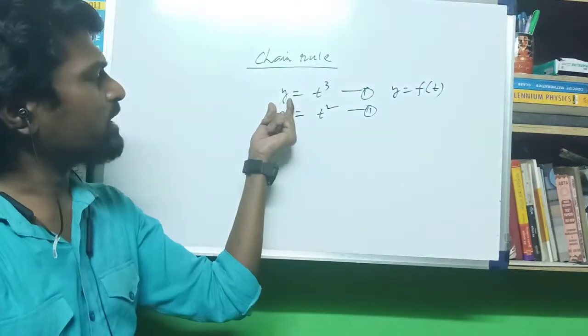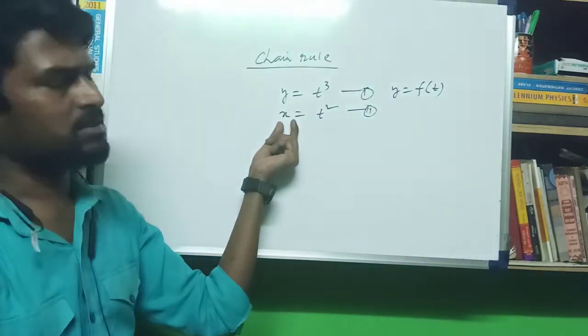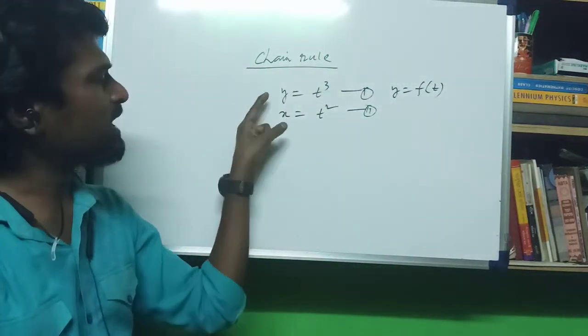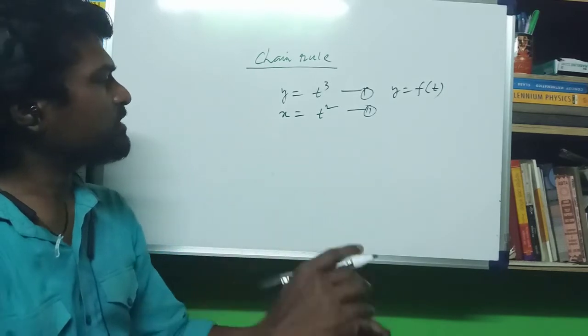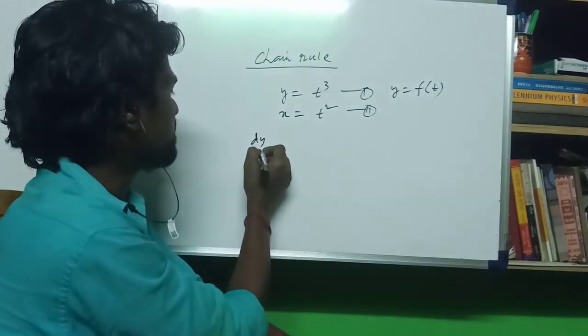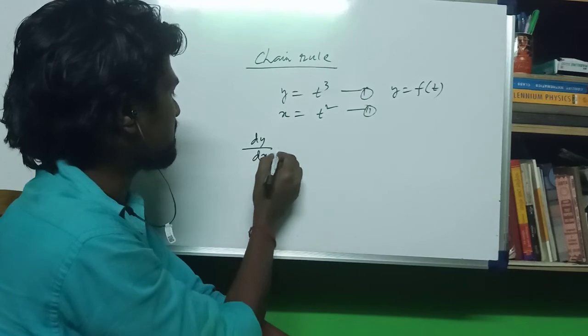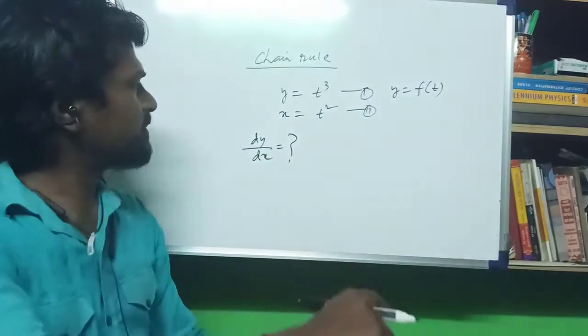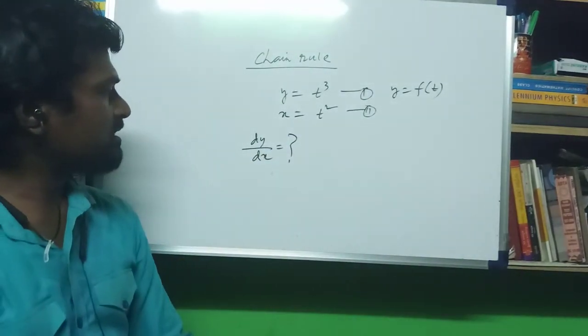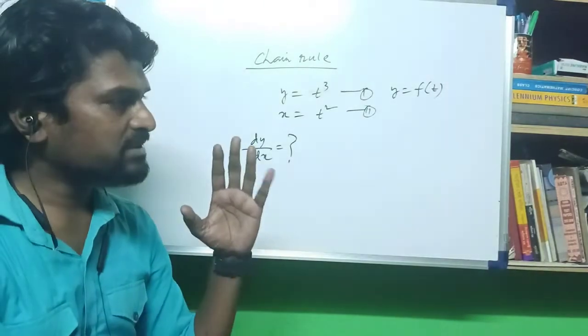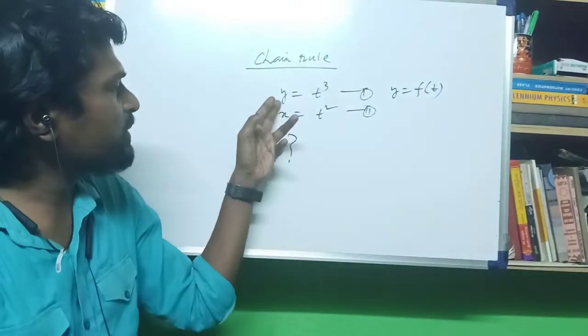If t changes, then y also changes. If t changes, then x also changes. So you have to connect this and this one. That is, you have to calculate dy by dx. dy by dx means what change takes place in that particular function.